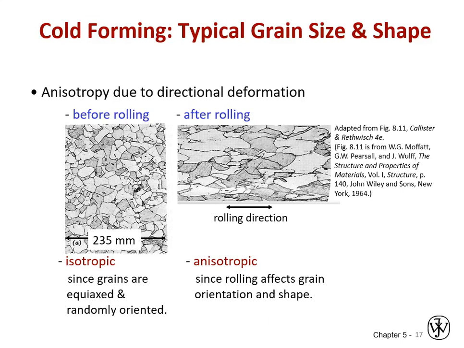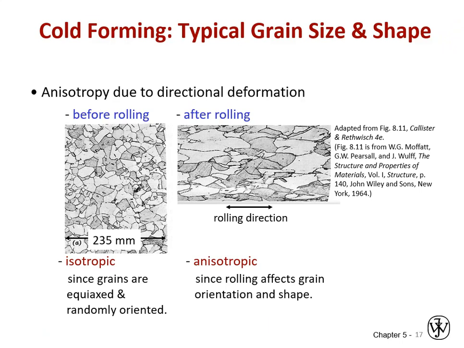So we went from having an isotropic structure to an anisotropic structure, much more similar to what you would get in a fiber composite, simply by relying on our dislocations, our 1D defects, to achieve plastic deformation in the material.